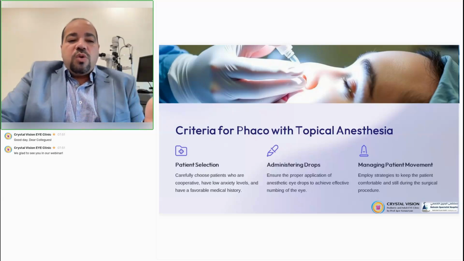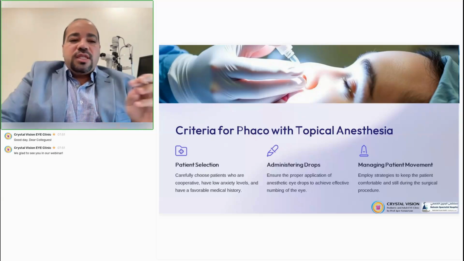We don't want to do topical anesthesia with this kind of people because the risk of complications will be much higher. So we need someone who is relaxed, not nervous, not tense. This is the important thing.